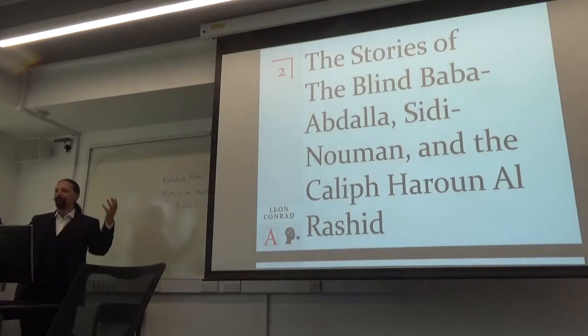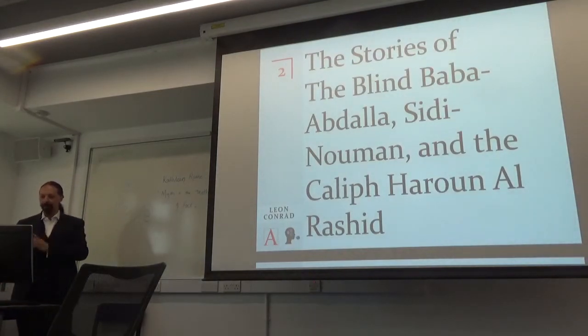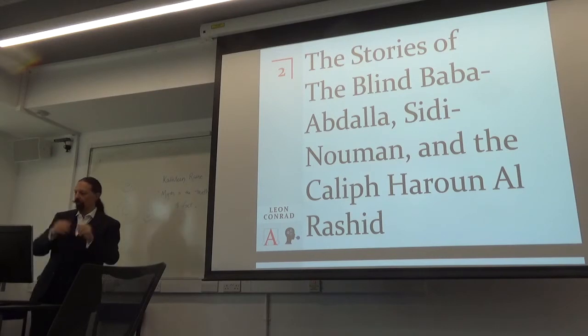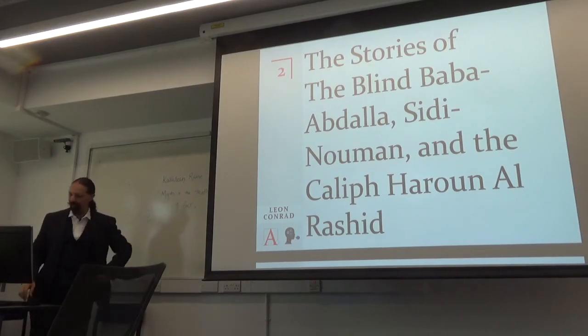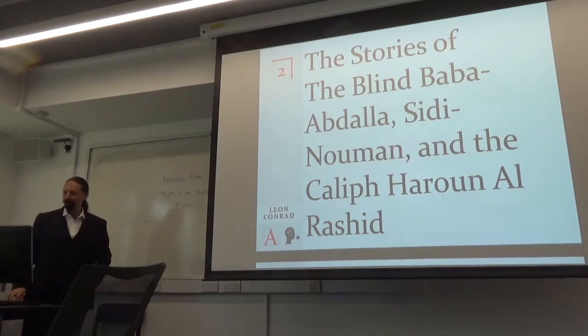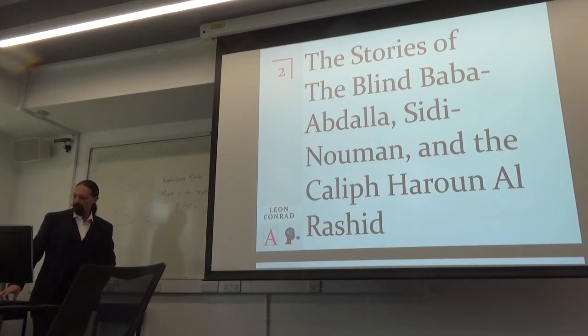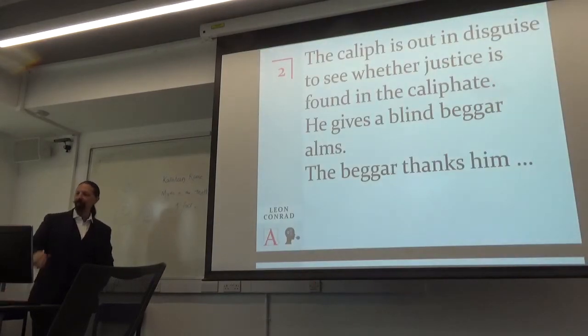So this is typical of nested stories. You find it in the Arabian Nights. And there are two related stories, the blind Baba Abdullah and Sidi Nu'man, relating to the Caliph Harun al-Rashid. In the story of the blind Baba Abdullah, Harun al-Rashid is out in disguise. He wants to see whether his laws are just, whether justice is found in the caliphate.